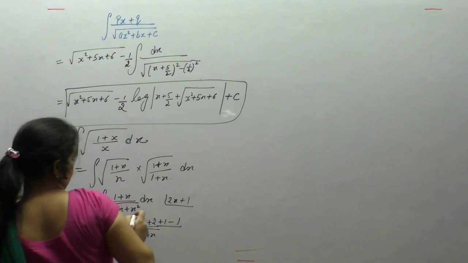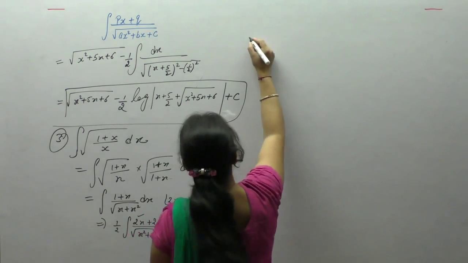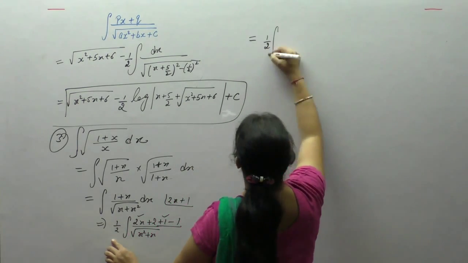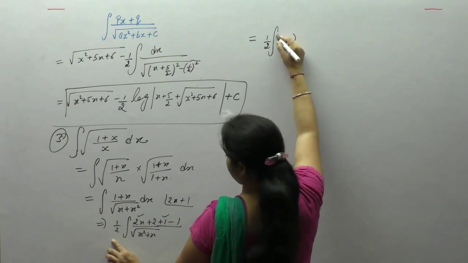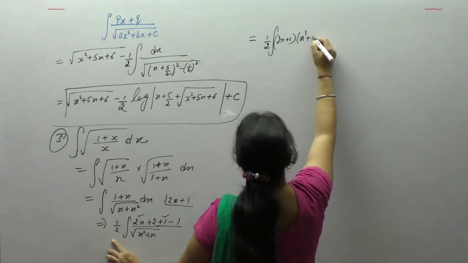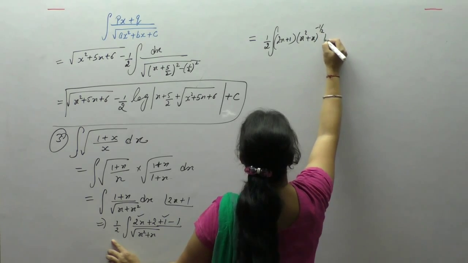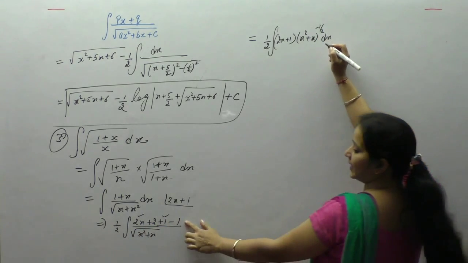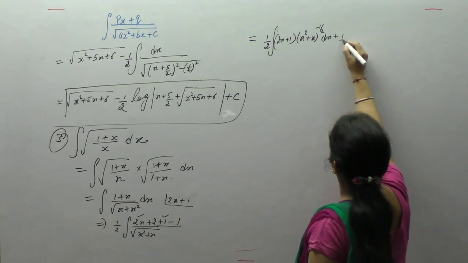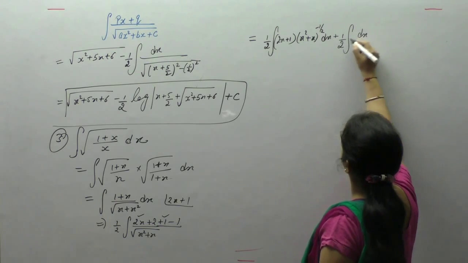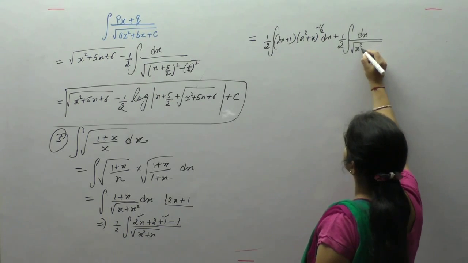We want 2x plus 1 as one term: 1 by 2, 2x plus 1 into x square plus x power minus 1 by 2. 2 minus 1 is 1, 1 by 2 integral of x square plus x.